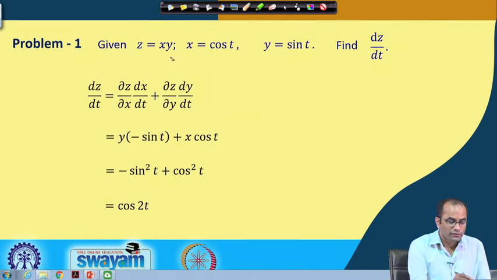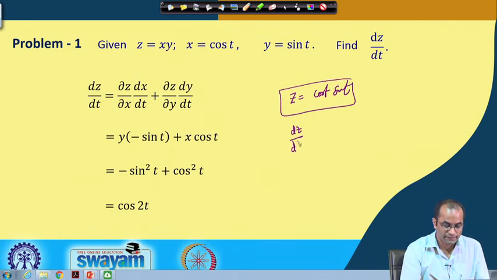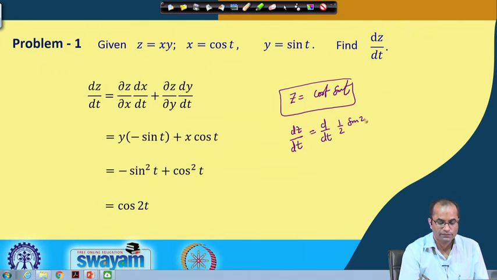As I said, alternatively we can just substitute z is equal to x y, x is cos t, and y is sin t. So, now we have z as a function of t, and we can get dz over dt. We can write this first as half of 2 cos t sin t, which is sin 2t, and when we take the differentiation, sin 2t will become cos 2t, and the 2 will get cancelled.